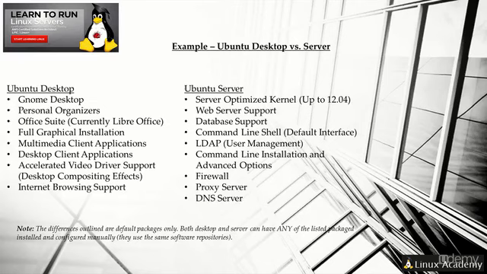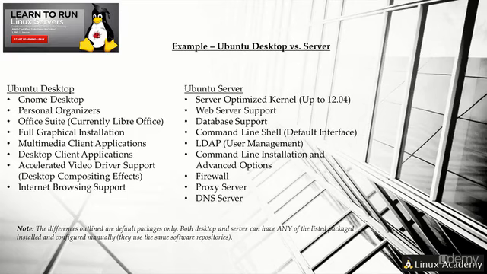It also has a number of personal organizers, an Office suite, which was grown out of OpenOffice, now called LibreOffice, a full graphical installation, which you can click through very quickly and have the install started in less than 5 minutes, which we'll see in a subsequent video, as well as multimedia client applications, desktop client applications, accelerated video driver support for desktop compositing effects, and for support of games that run on Steam, for example, and internet browsing support.